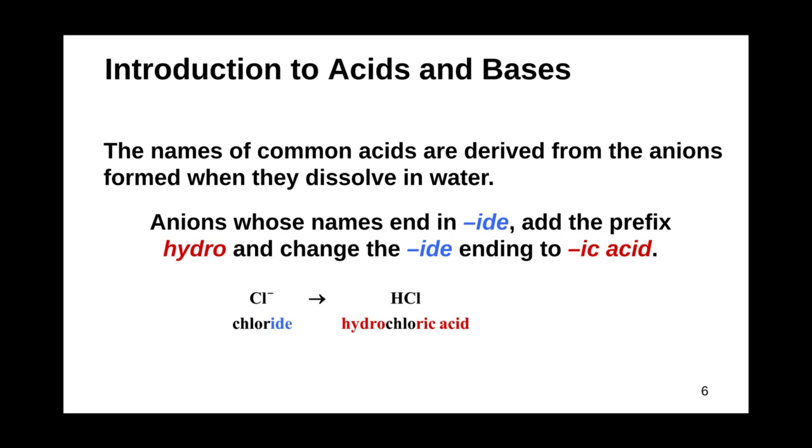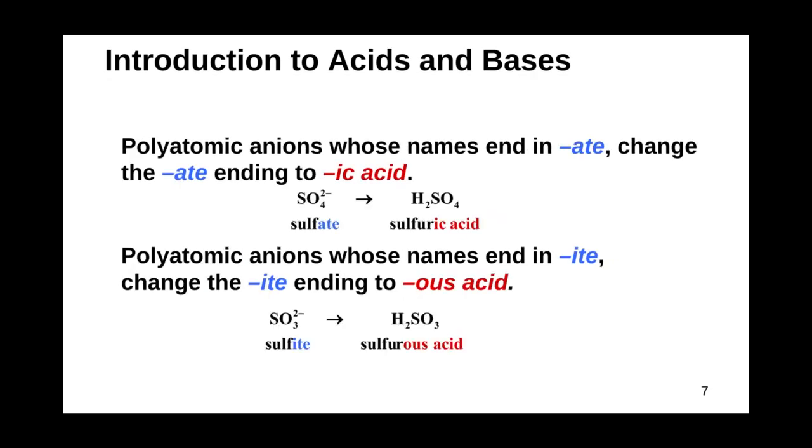That's how we name our acids, but we can also have what we call polyatomic anions, producing multiple atoms. In this case, sulfuric acid, H2SO4. SO4 is labeled sulfate, as you probably recognize from our lectures or our labs. Now, this ends in "ate", and so we change that "ate" to "ic".